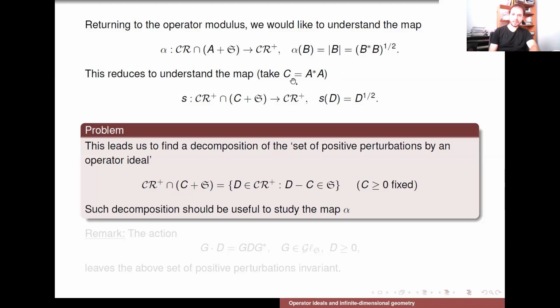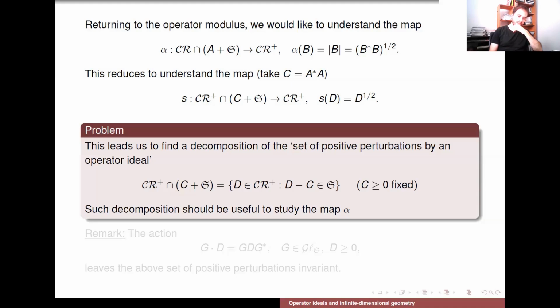That is, we take our fixed point, now C, as A star A. So we study the square root from this set of positive perturbations. So this leads us to find a decomposition of the set of positive perturbations by an operator ideal, which is these sets. And such kind of decomposition should be useful to study properties of our map alpha.